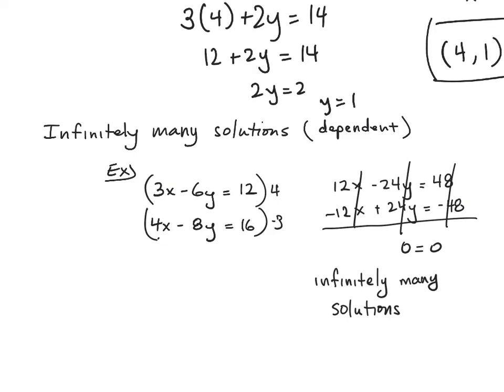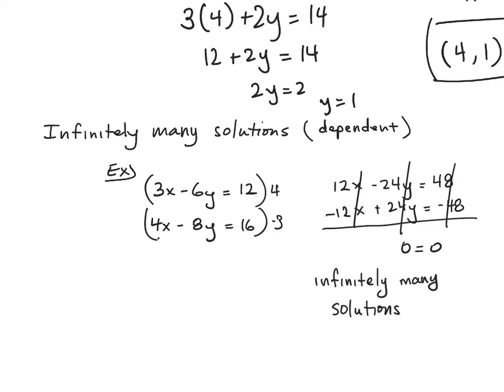So if you remember, what that means is both of these equations are actually the same equation. They're the exact same equation. You can see that here. And what that means is if we graph both of these equations, what we're graphing is the exact same line, one on top of itself.